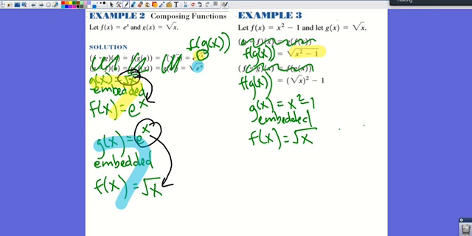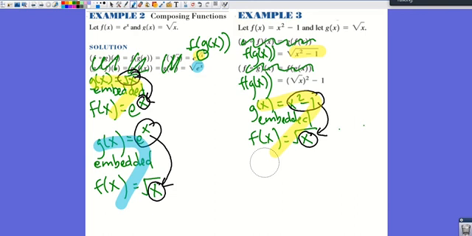Let me draw 2 circles here so you know exactly what I'm embedding. I'm embedding this x squared minus 1 into that x, and that's what gives me this yellow highlight here.